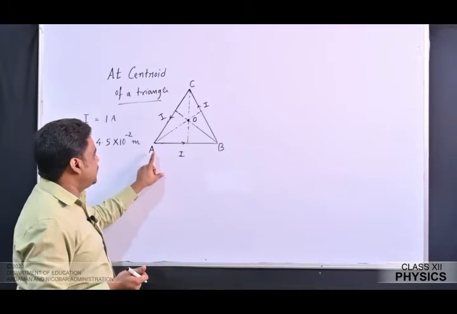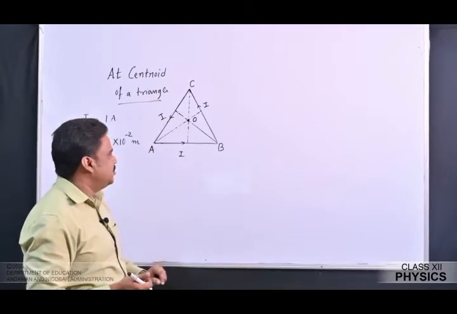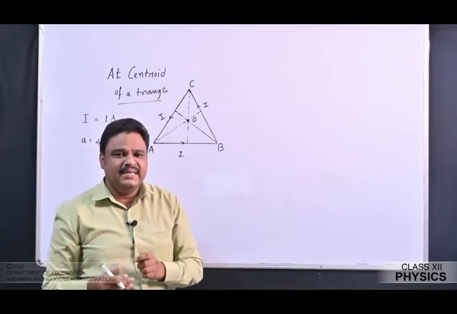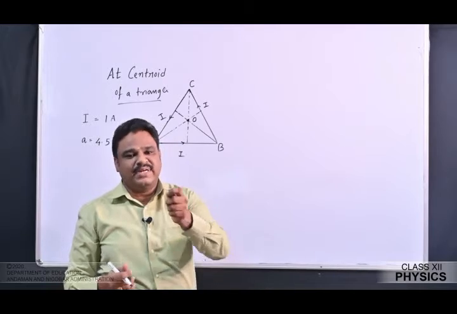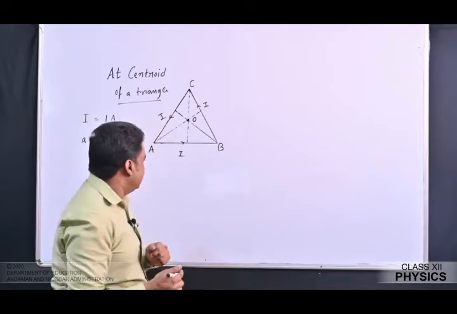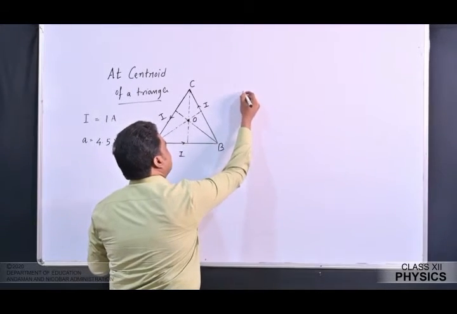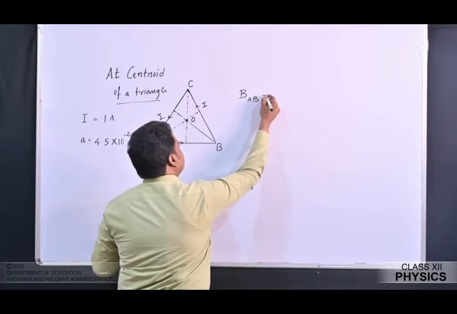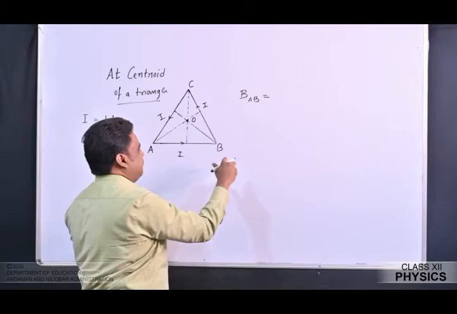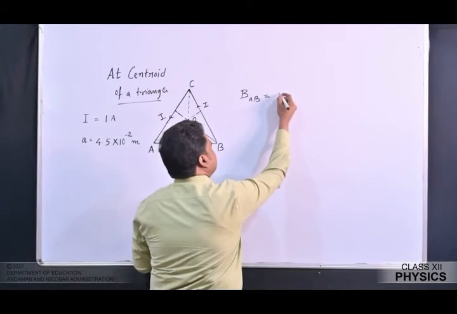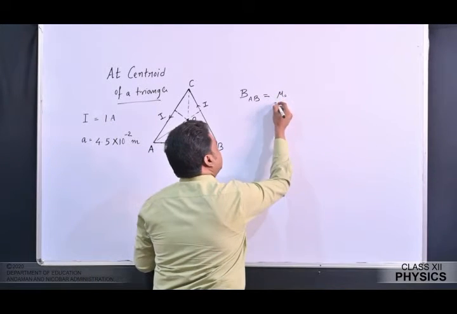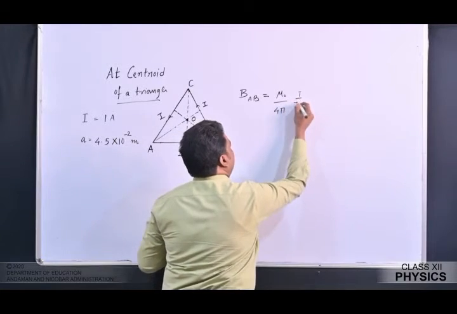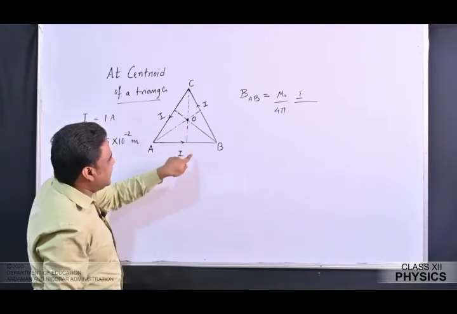What is the contribution due to the side AB? I am going to determine it. Let us first generate a general formula, then we can apply the values to get the answer for the question. What about the magnetic field due to the part AB? What is the formula for a finite straight conductor? Already we have discussed it: mu naught by 4 pi into I by the location distance.